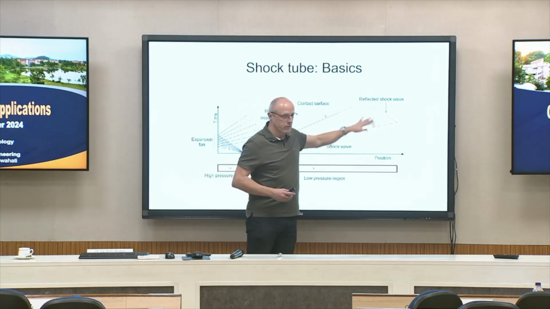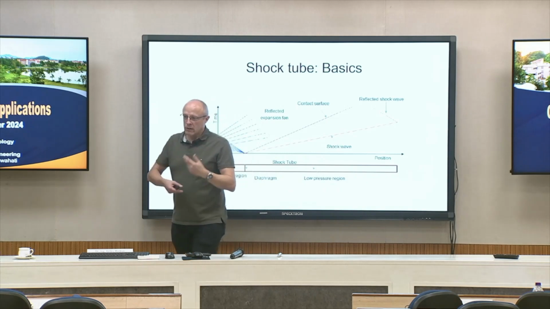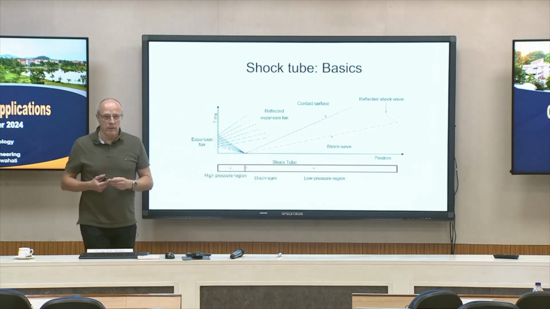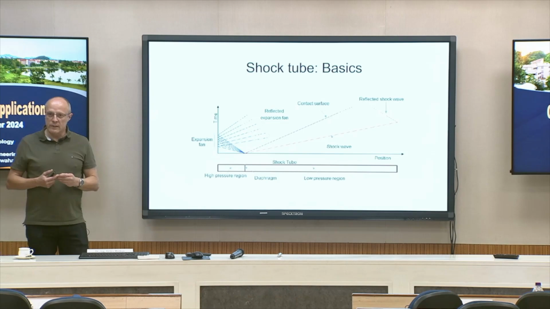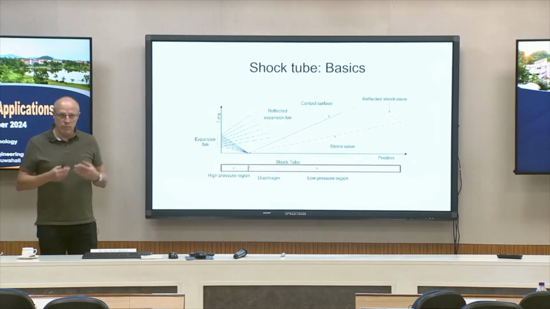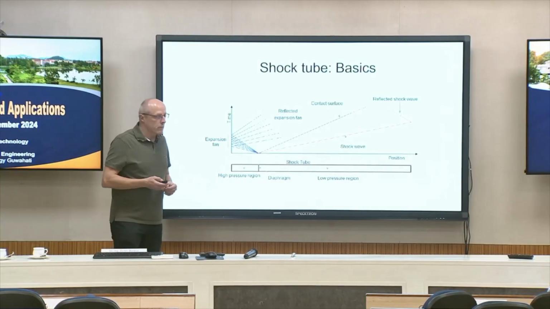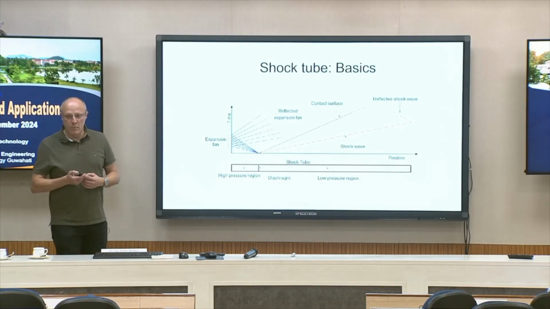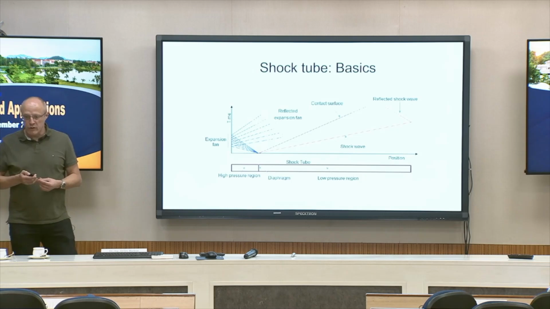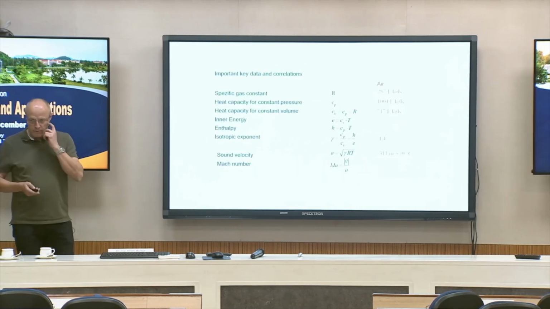And then, of course, our volume will be interfered by other processes, so we can no longer observe our interesting reactions here. But we have some milliseconds, and so for most processes, especially at high temperature, of course, this is very sufficient.